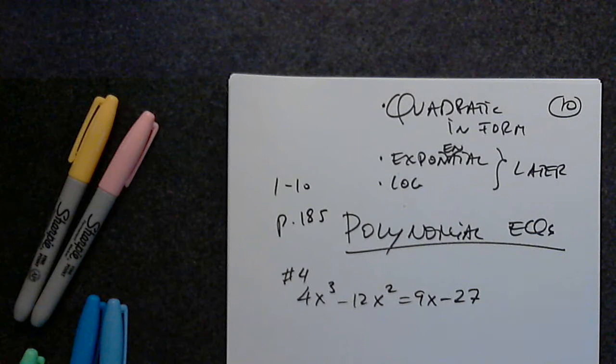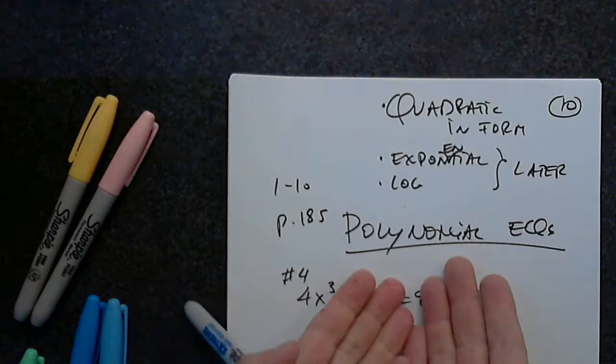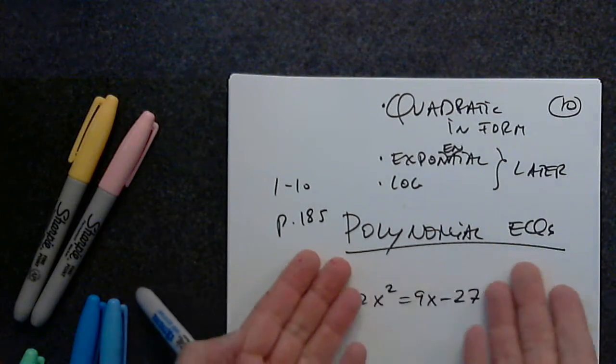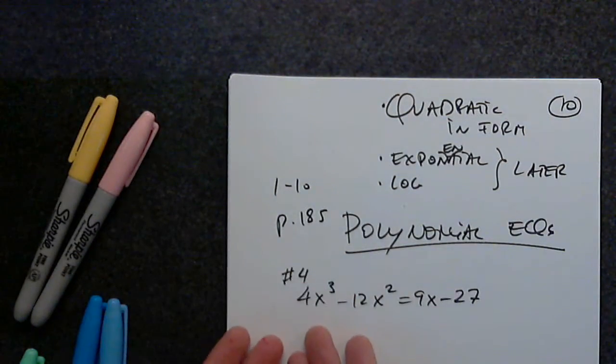So we go back to what we know from factoring, and we will identify what type of equation this is. What type is it? It's right here, right? So there is no discussion. It has degree 3, right?